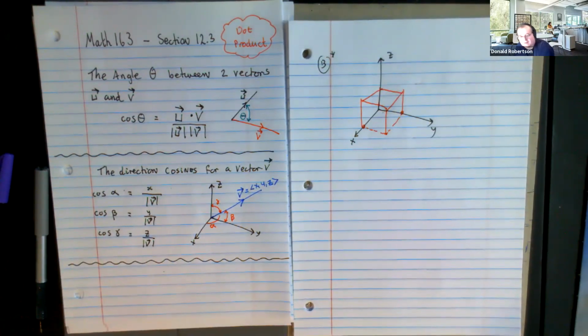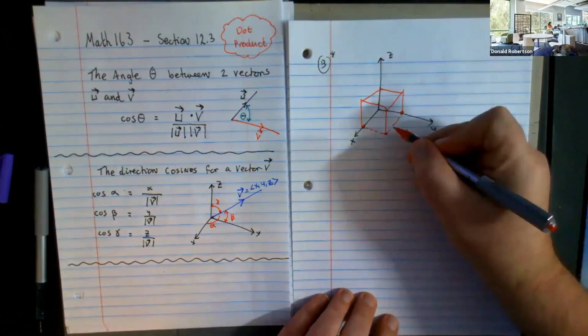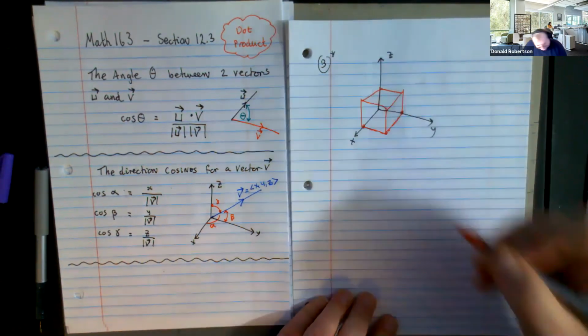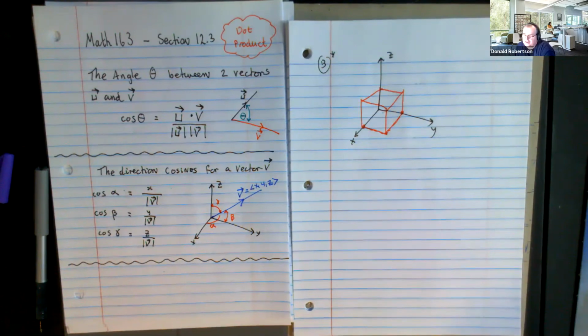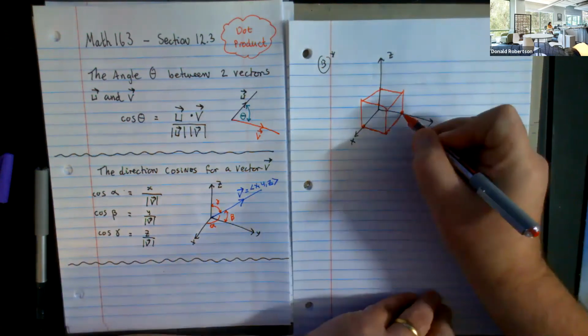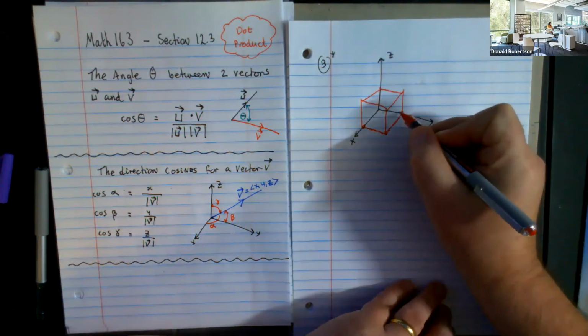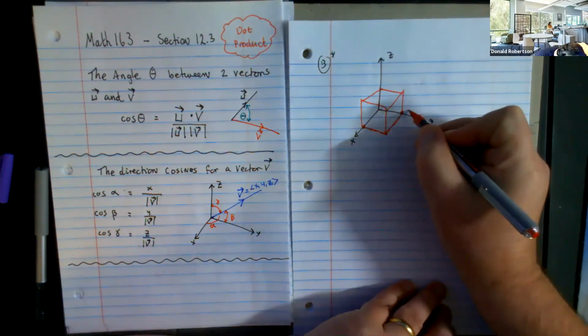I'm kind of pleased with that. It does look like a cube, doesn't it? I'm quite pleased with my drawing today. Now, I don't know how big the cube is, so let's call this distance here C.